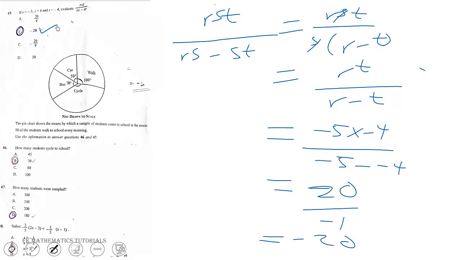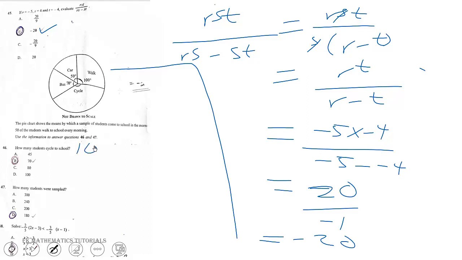A pie chart shows the means by which a sample of students come to school in the morning. 50 of the students walk to school every morning. Use the information to answer questions 46 and 47. So how many students cycle to school? So we're told that 50 walk to school.